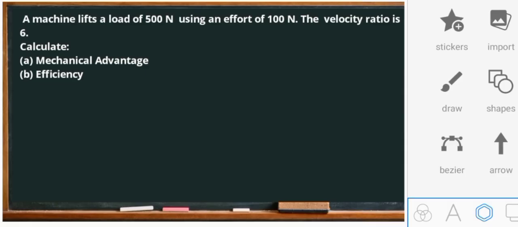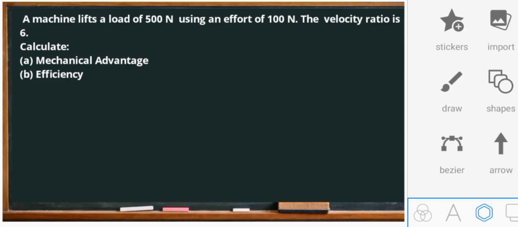And it can also be regarded as the ratio of mechanical advantage to velocity ratio times 100%. As well, we can see that efficiency is the work output over work input times 100%. Is that clear? And it is measured in percentage.